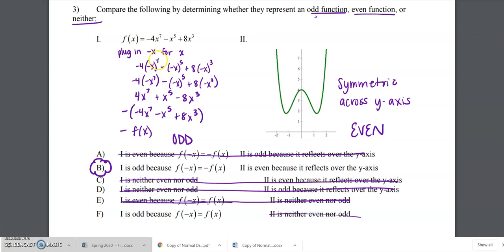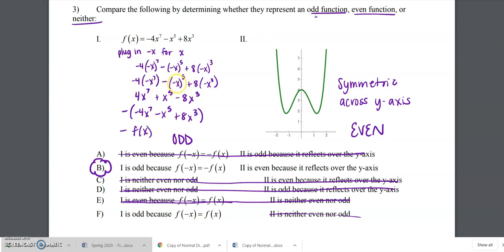So that's why we can move the 7 inside the parentheses. Negative x raised to the 7th is just negative x to the 7th, and a negative times a negative gives you a positive, which is why this becomes 4x to the 7th.